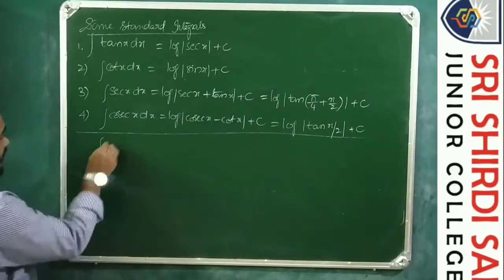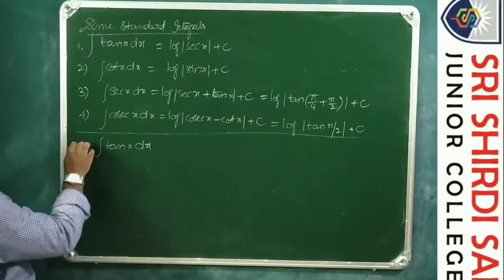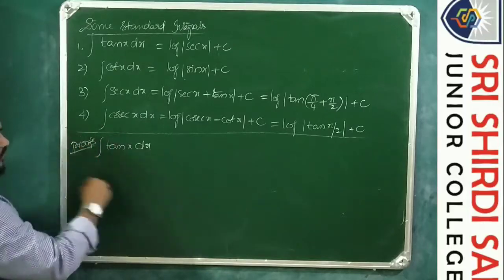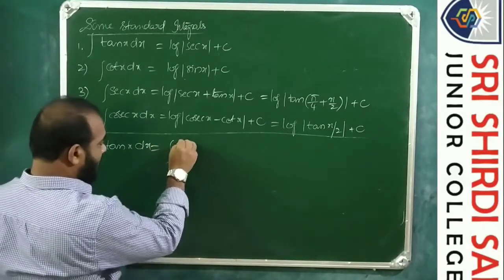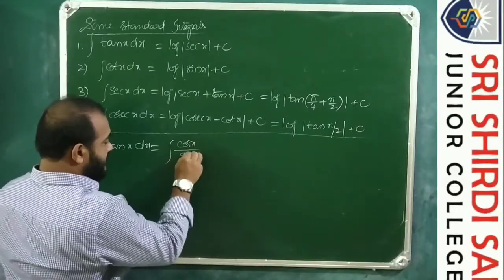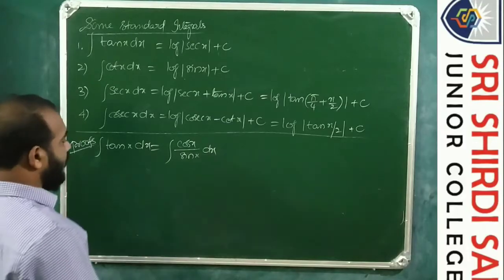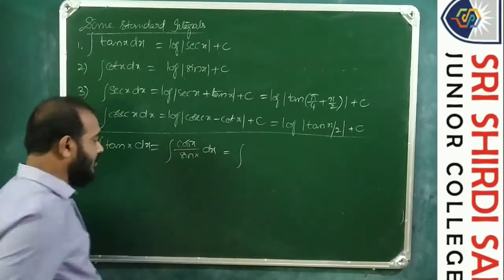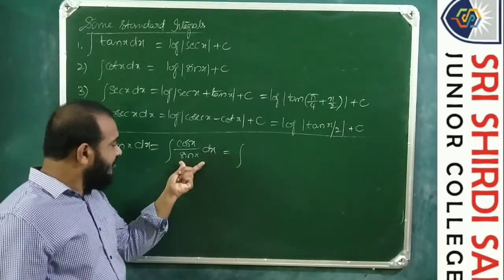So integral tan x dx is equals to, proofs. Integral tan x dx: tan x can be written as sin x by cos x dx. So this is equals to, here if you see, sin x derivative is cos x.